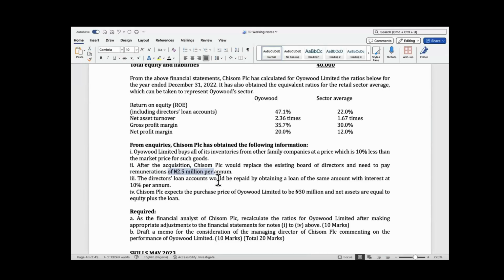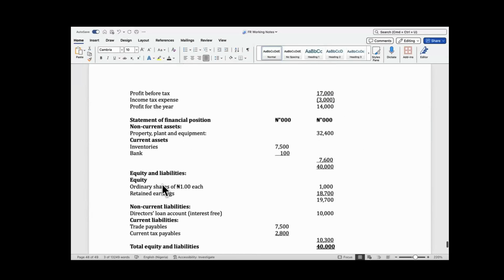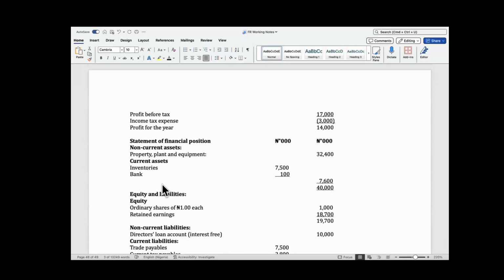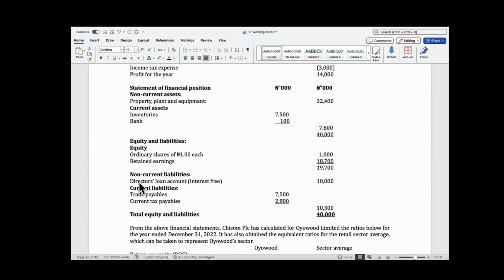Also, the director's loan will be repaid by obtaining a loan of the same amount with an interest of 10% per annum. So is there any director's loan? Okay, there's a director's loan, which is interest-free.